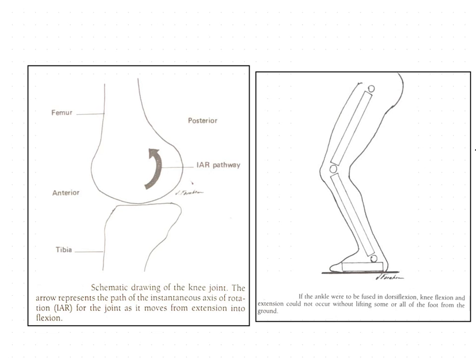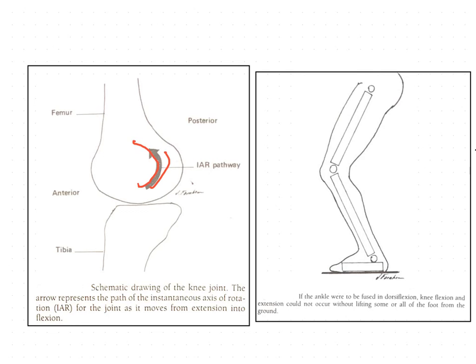Here the pathway of instantaneous axis of rotation of the tibiofemoral joint for flexion and extension forms a semicircle. It forms a semicircle moving posteriorly. So this axis is moving posteriorly as well as superiorly on the femoral condyles with increasing flexion.